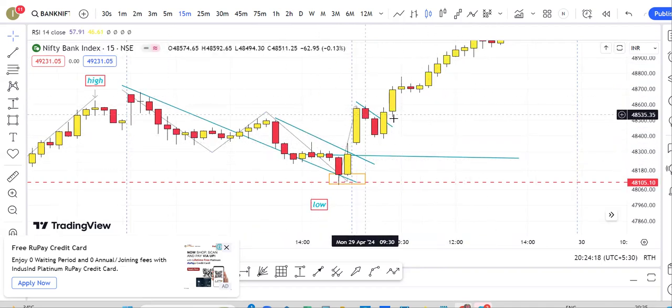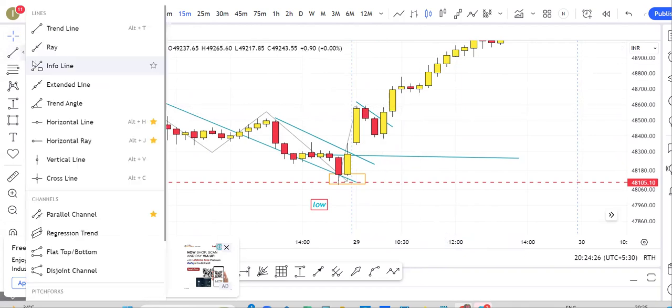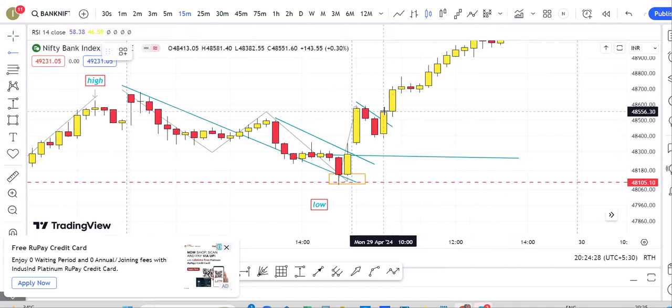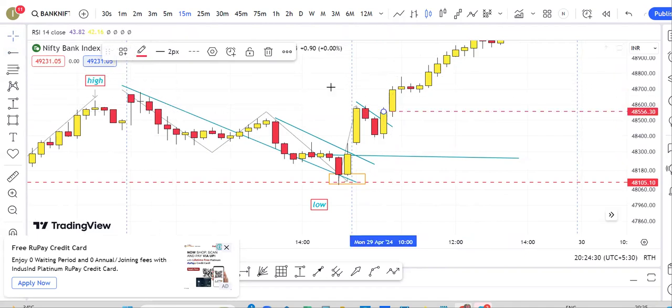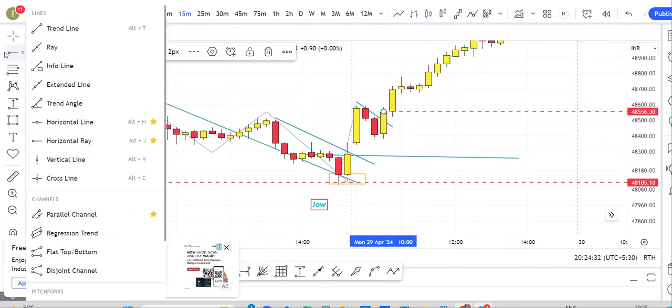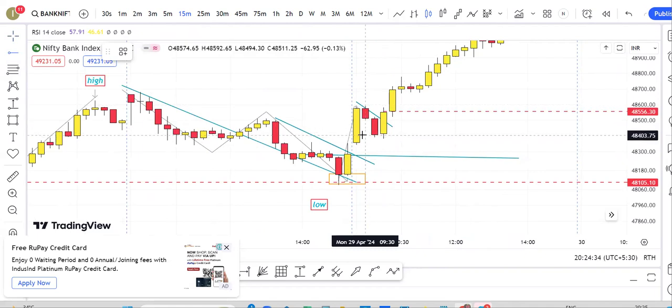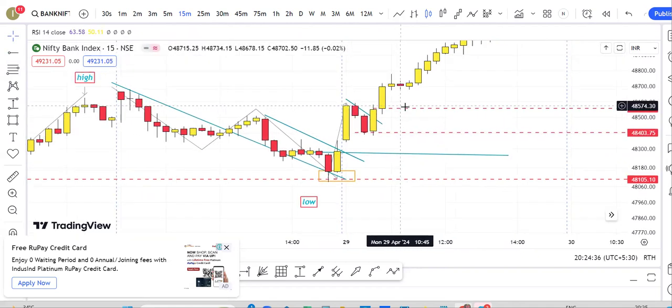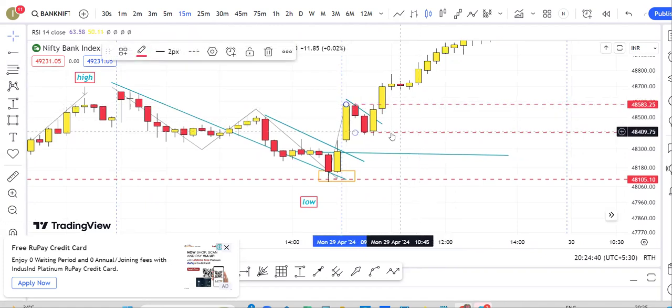Then change your time frame to 5 minutes. So mark this candle's high and mark this candle's low, which was responsible for the change in character. Okay.